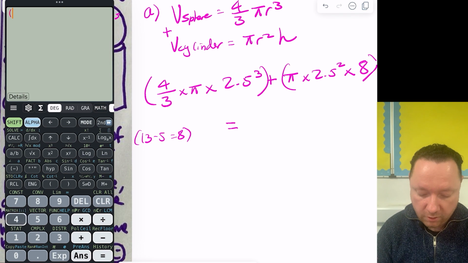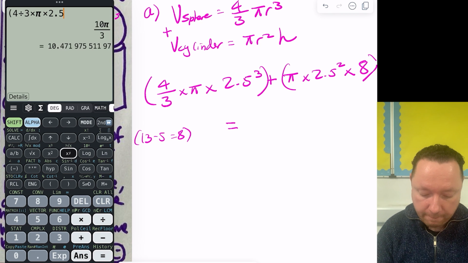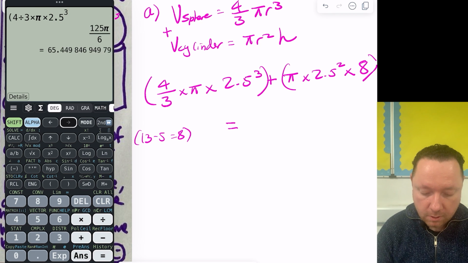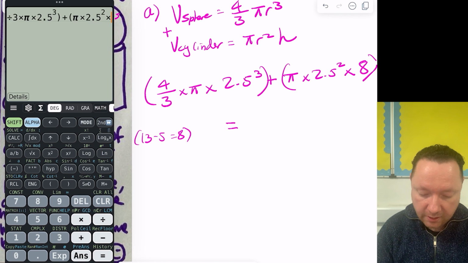So bracket 4 divided by 3 times pi times 2.5 to the power of 3. Close my bracket, plus pi times 2.5 squared times 8.